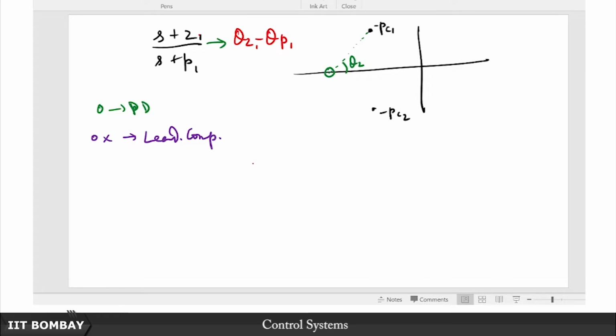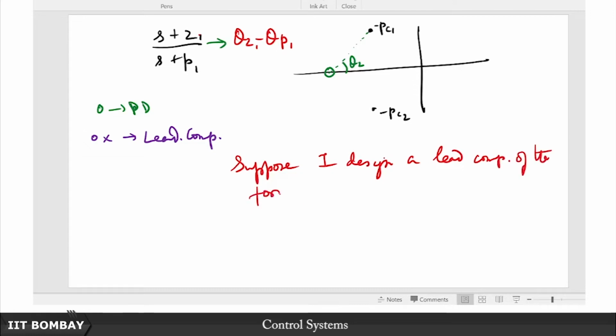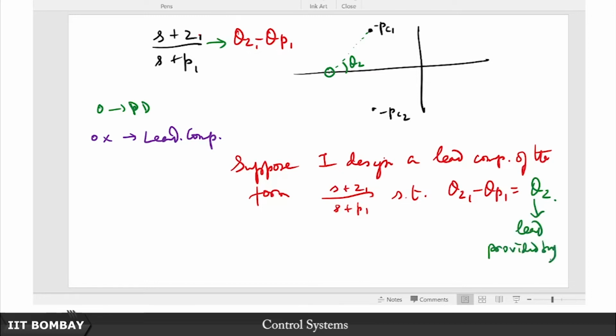So in other words, what I am saying is, suppose I design a lead compensator of the form s plus z1 upon s plus p1 such that theta z1 minus theta p1 is equal to essentially theta z, which was basically the lead provided by the PD controller.